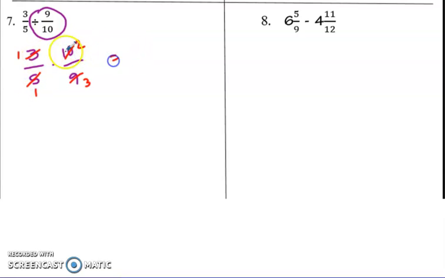So this answer is going to be 2 times 1 is 2, 3 times 1 is 3. I'm going to double check my negatives. Nope, we're good. Okay, next one.